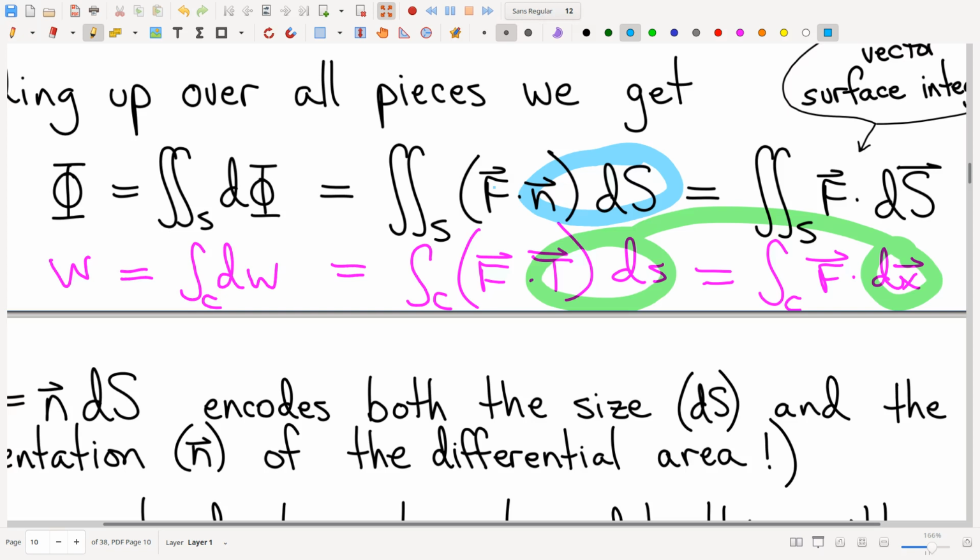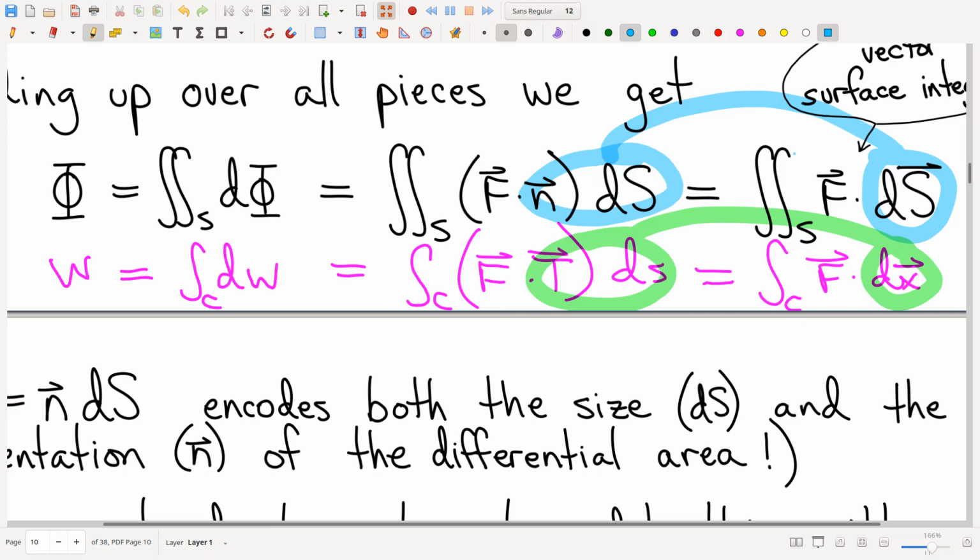And so, if only by analogy, I think it makes loads of sense to pair these up together, just like these are paired up and naturally represented by dx. I'm going to combine them together and represent them by dS vector. Not to be confused with the scalar dS by itself. dS vector includes the orientation. It includes that unit normal vector. So a really strong analogy. Natural notational choice. Is that cool?